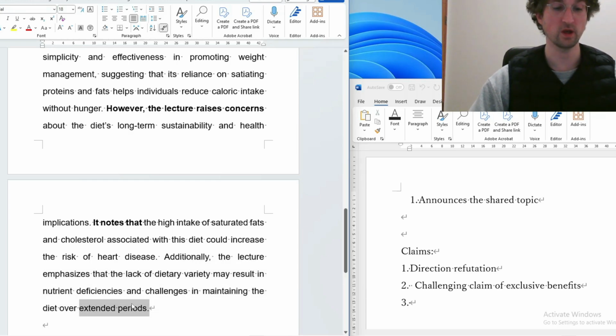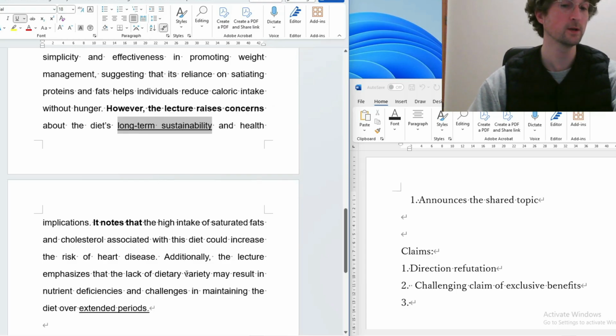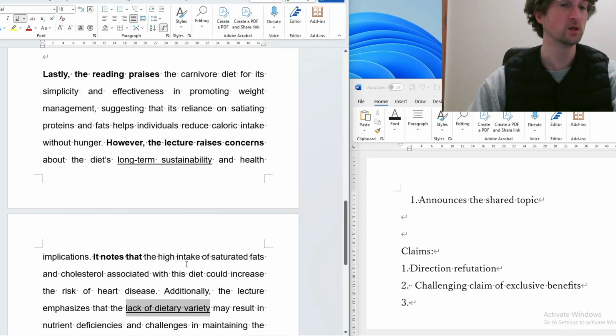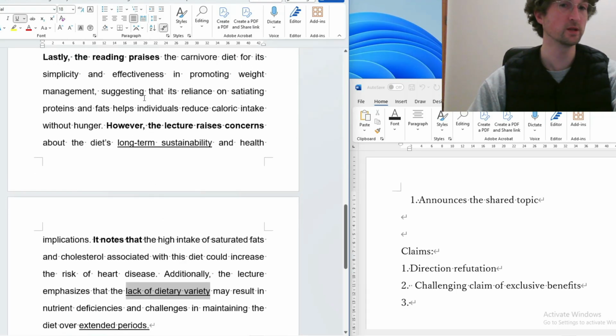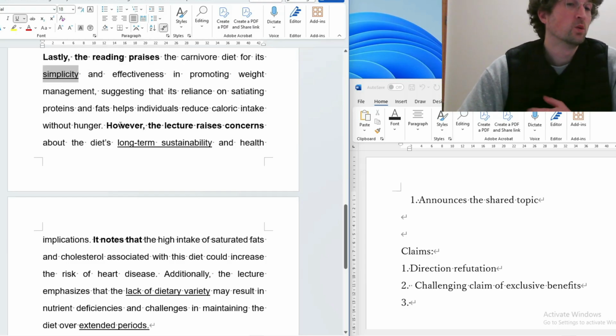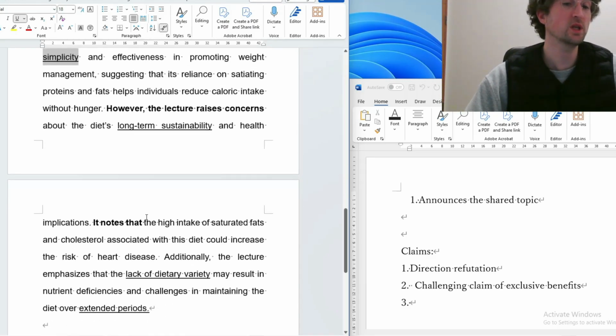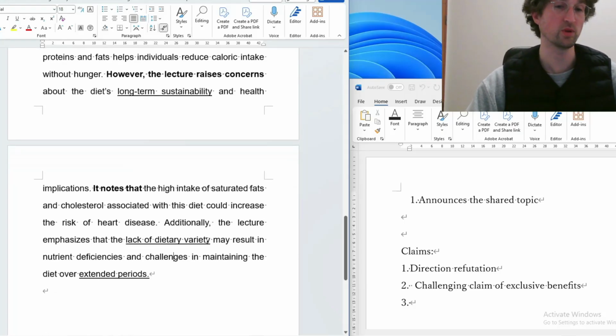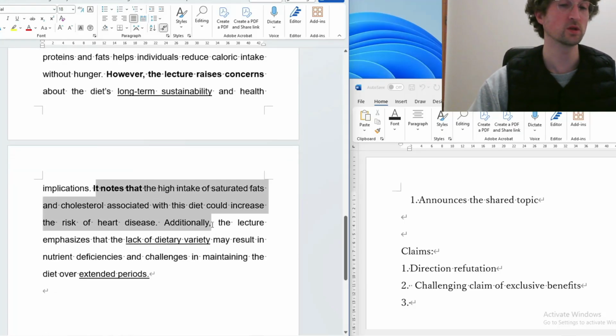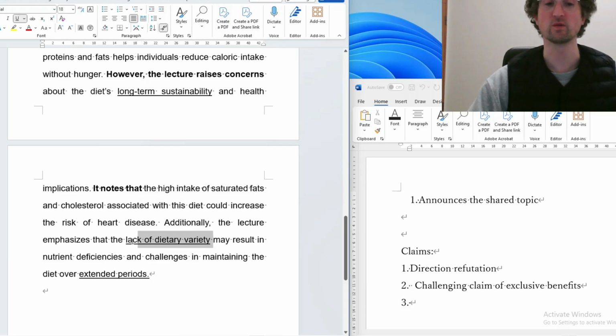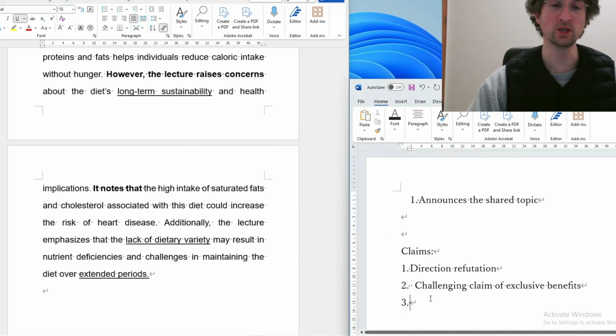So we have an echo of long-term sustainability, and lack of dietary variety is sort of the counterbalance to simplicity. So, we're praising the simplicity. Well, simplicity actually seems to imply, or at least according to this argument, a lack of dietary variety, which could be a bad thing. So what is the nature of this opposition?